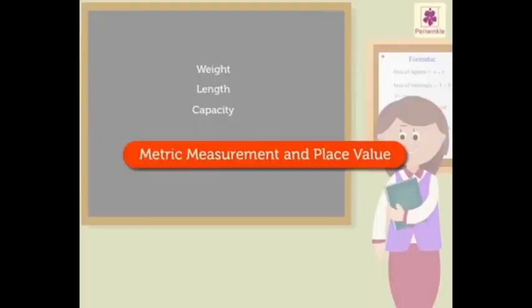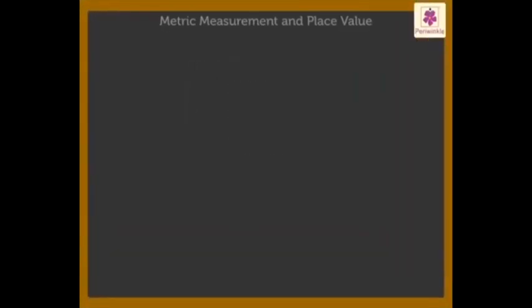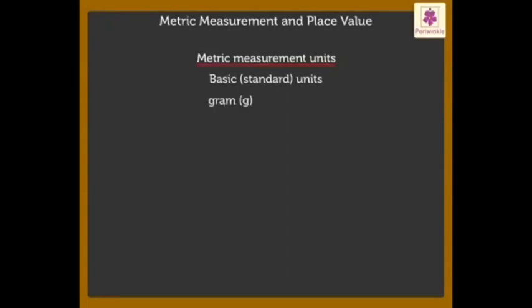The units and their place values that are used in the metric measurement system today. 3 basic units of the metric system are gram for measuring weight, meter for measuring length, and liter for measuring capacity.